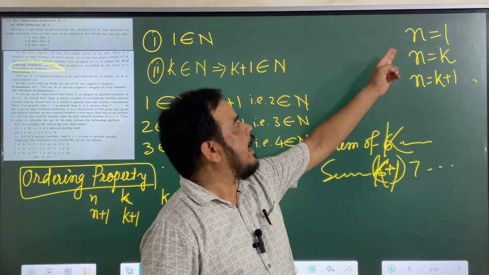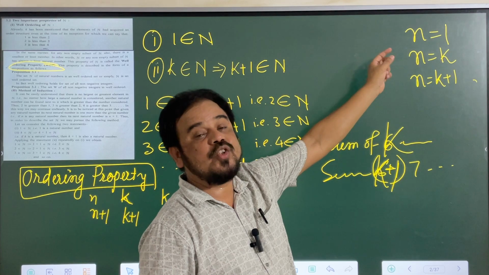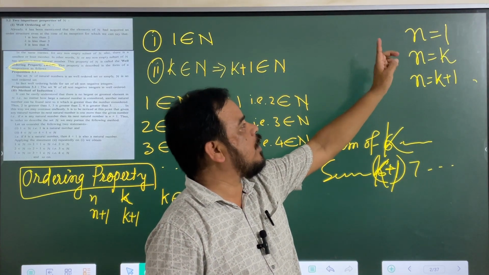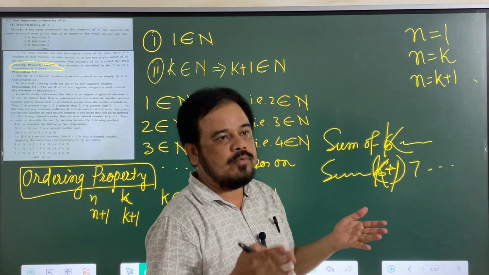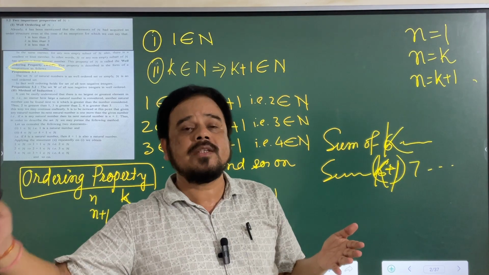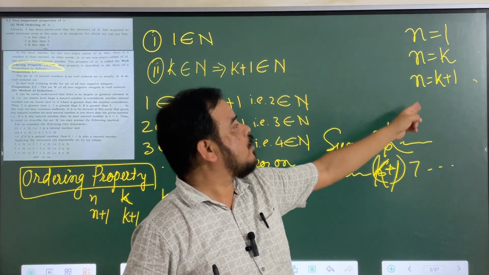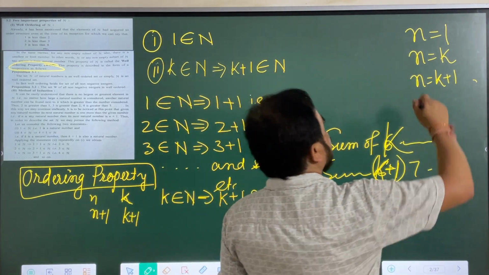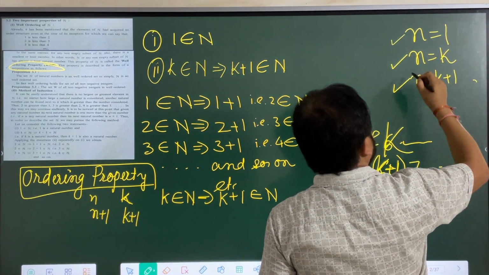So this way, n means number of terms. So number of terms 1 means n equals 1. Number of terms k. How many terms are there? 7 terms: 1 plus 2 plus 3 plus 4 plus 5 plus 6 plus 7. So n equals 7. 8 terms: n equals 7 plus 1. This way, we have to show n equals 1 term, k terms and k plus 1.